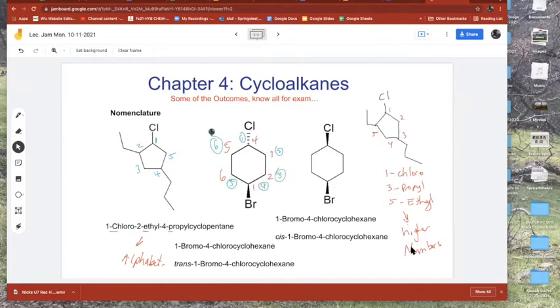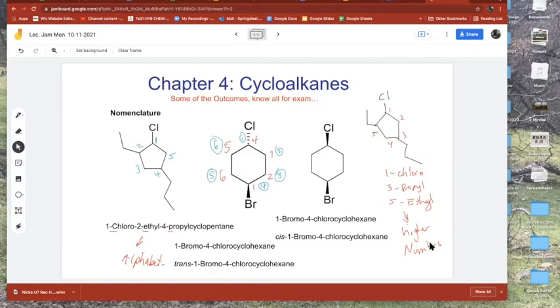So both ways would give you 1, 4, huh? So why did we go with bromine as 1 and chlorine as 4? That's the alphabetical. If numbering around the ring gives you the lowest numbers two ways, you go with the alphabetical.